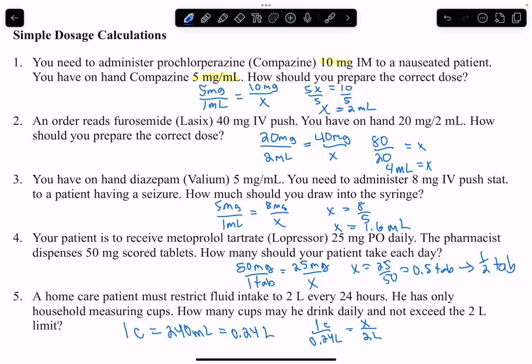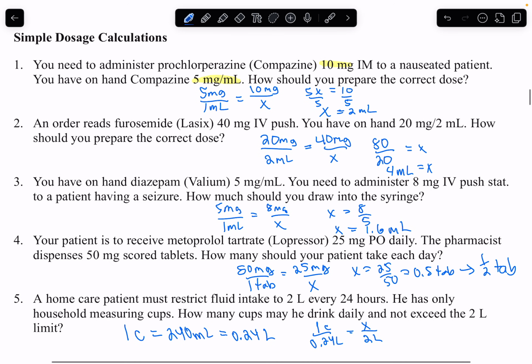So we're just going to cross multiply again. So multiply the ones across from each other, 1 times 2, and then we're going to divide by the one we haven't used. So it's going to be 2 divided by 0.24. 2 divided by 0.24 is the decimal 8.333.